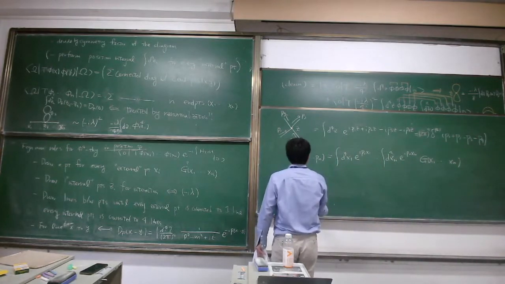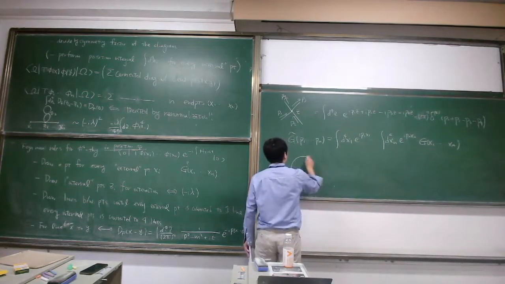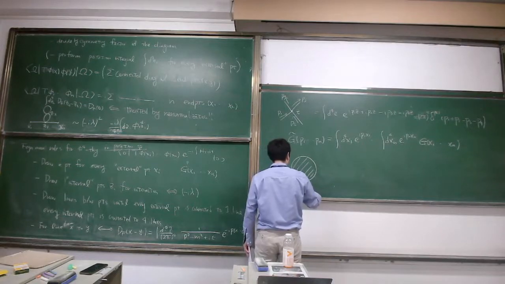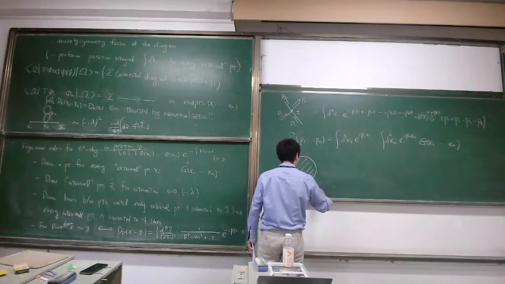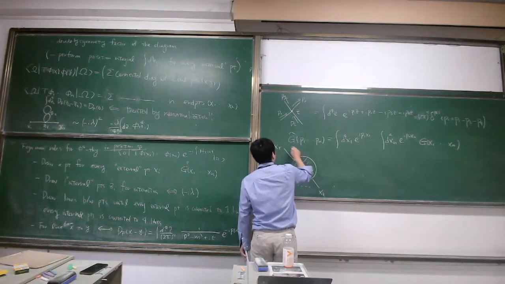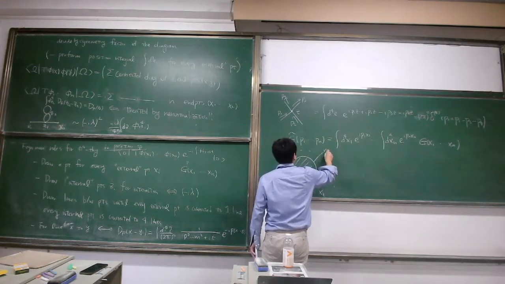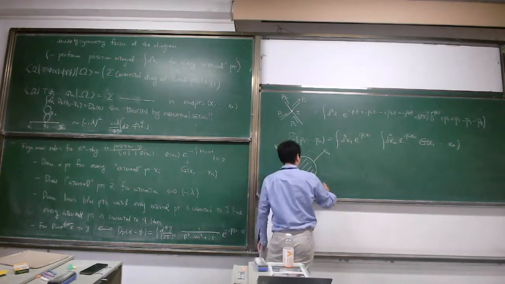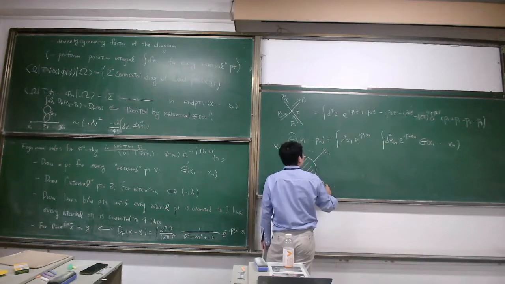So what we are doing is that there are some diagrams here, something going on, and then x1, ..., xk, ..., xn, and you have p1, ..., pk.